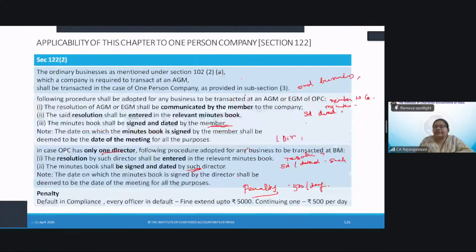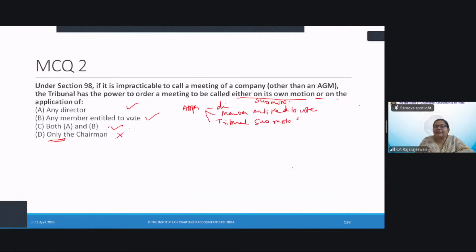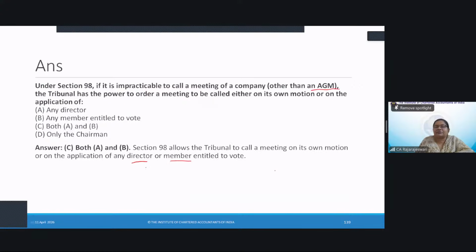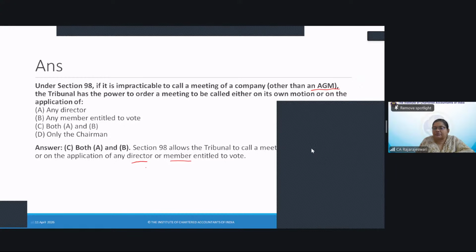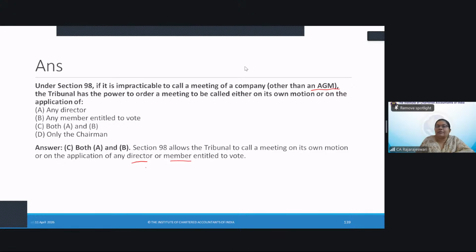So in case of annual general meeting, any member can make an application. So that also I will make a note. Yes, only members are eligible to apply for an AGM.